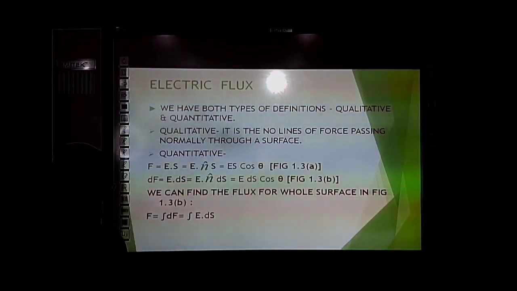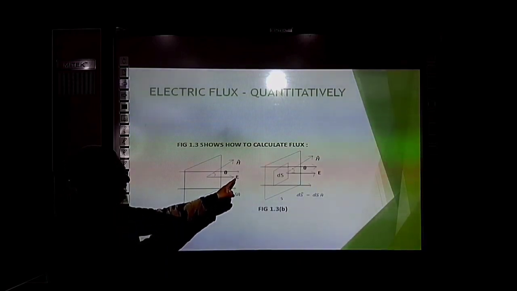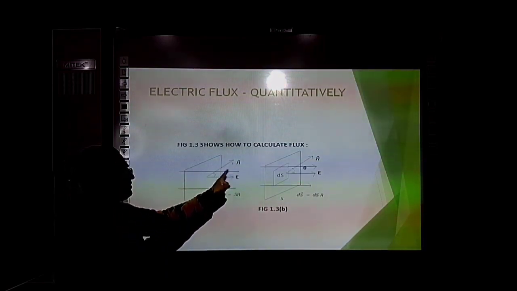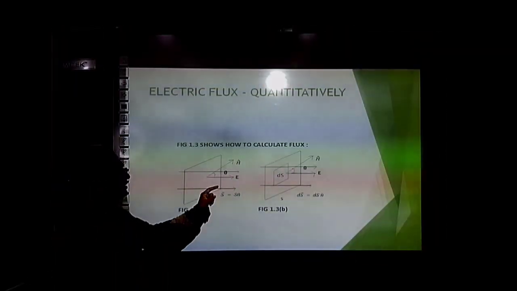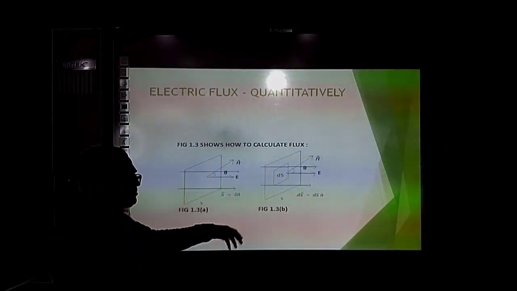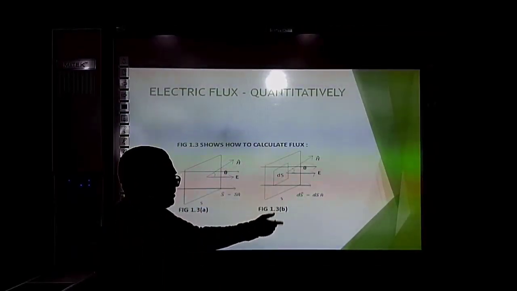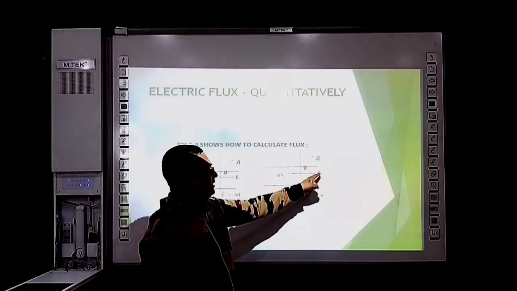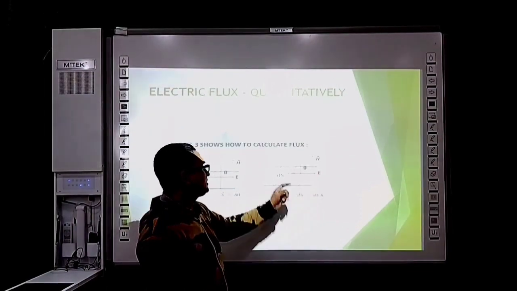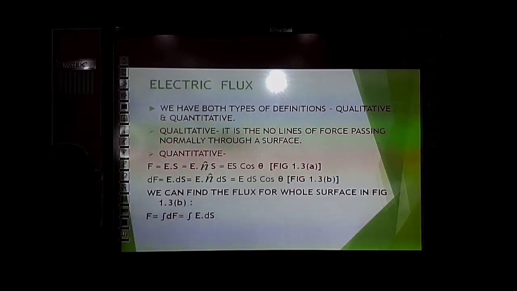So coming back to this, for this surface the flux is E dot n cap S, that means E vector dot S vector. And within this surface, if we take a small area dS, then the flux will be E vector dot dS vector, or E vector dot n cap dS.